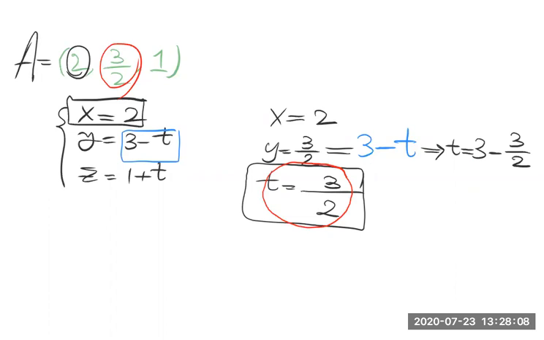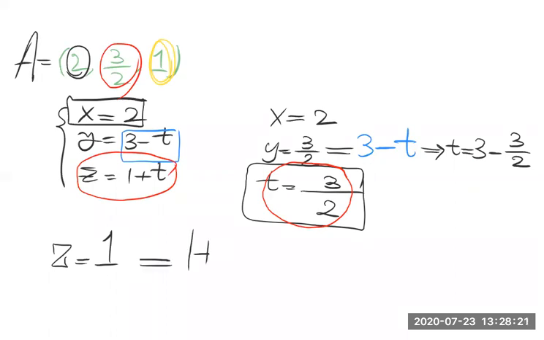What about the last component? The last component says z is 1. But this equation here tells me z is 1 plus t. So 1 and 1 plus t should be equal. Well, what does it say about t? It says t is 0. Well, how can it be?